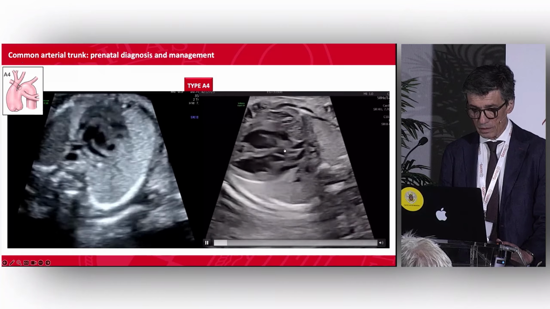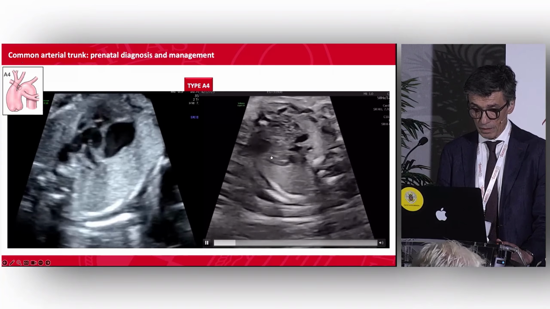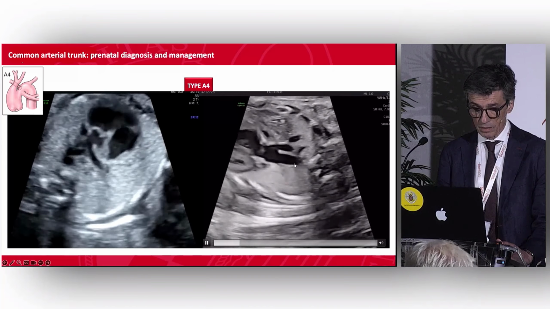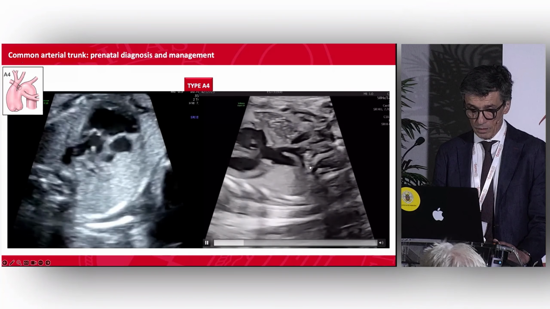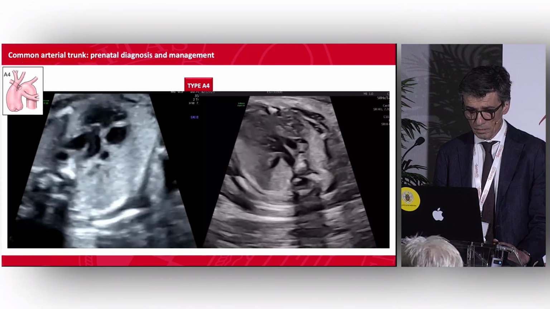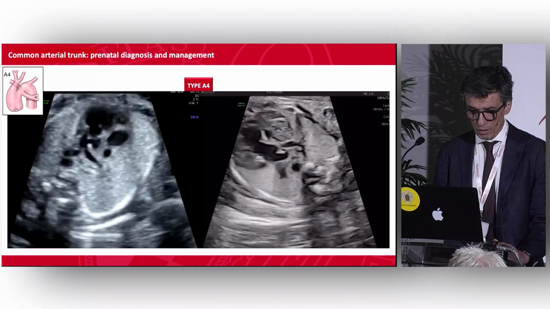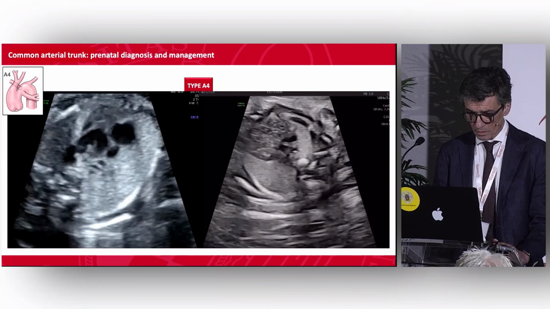This is the aorta, a small aorta. And here is the arterial duct, which is larger than the aorta. So there was only one vessel arising from the heart. And this is the type A4 of common arterial trunk.